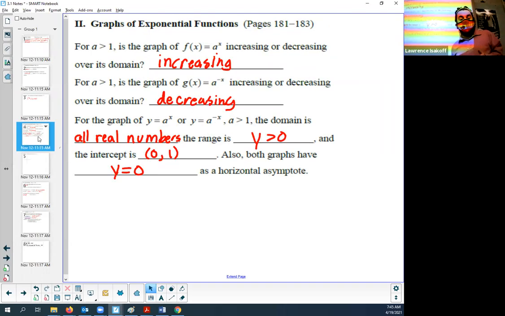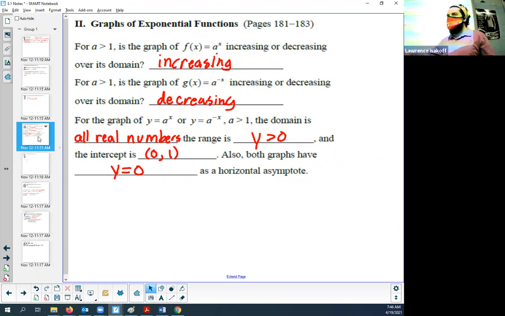So, graphs of exponential functions. If a is greater than 1 and the exponent is positive, the function is increasing over the domain. However, if a is greater than 1 and the exponent is negative, it is decreasing as we move left to right.